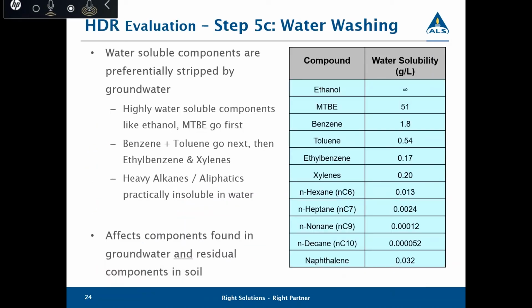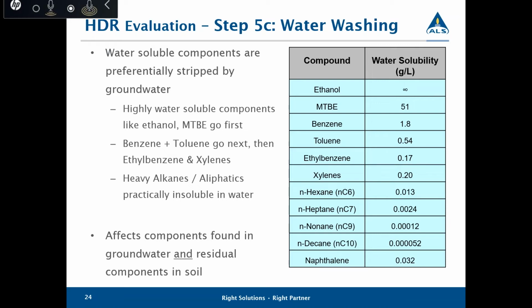And the last one is water washing. So petroleum products do contain some water-soluble components, and when exposed to water, they will be preferentially removed, or we call it washed away. So the rate of removal is determined by the relative water solubility of the compound.